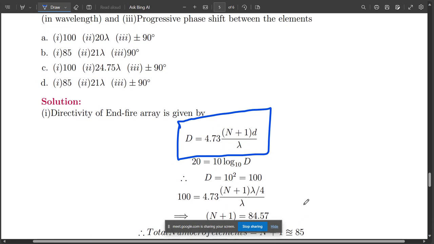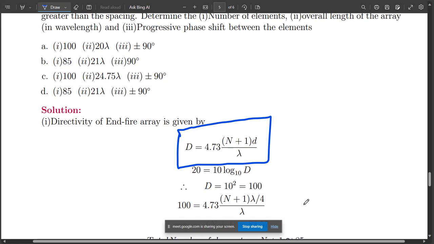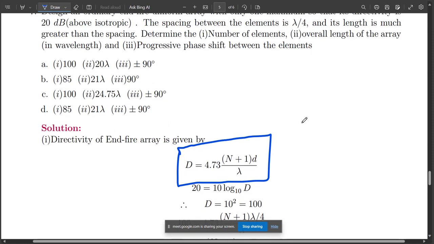N plus one equal to 100. No, you have to solve it again. I guess you are getting lost. Ma'am, 84.5. Yeah, so the maximum number of elements can be how much?